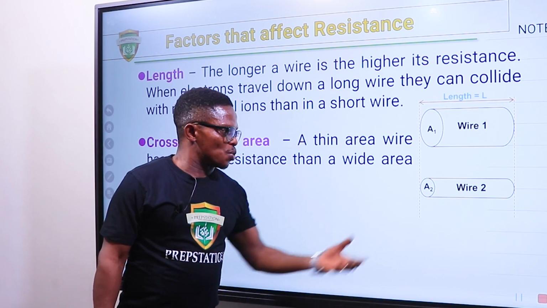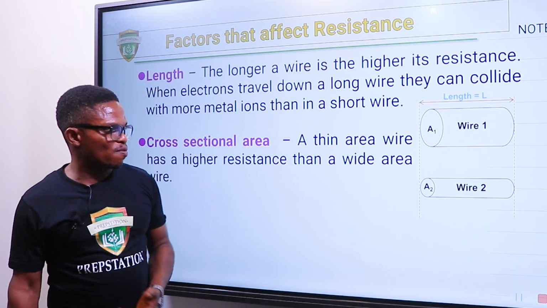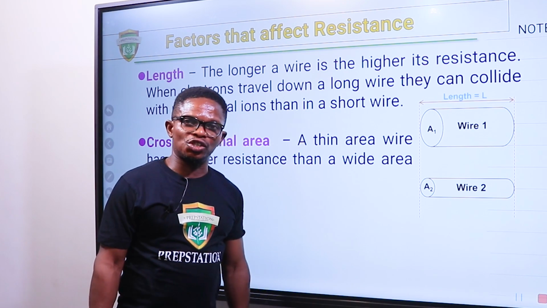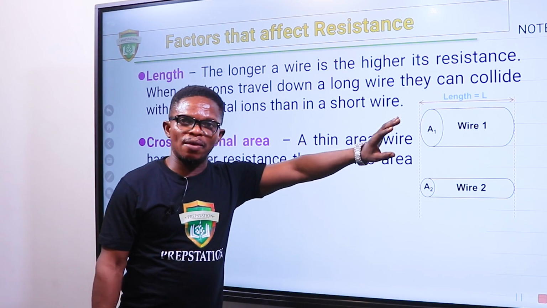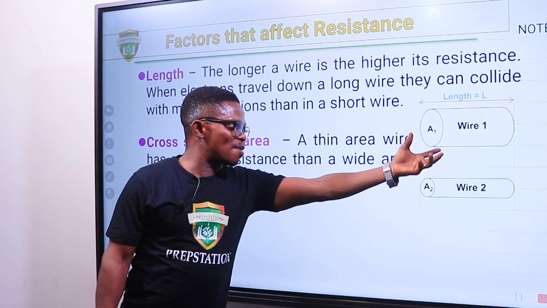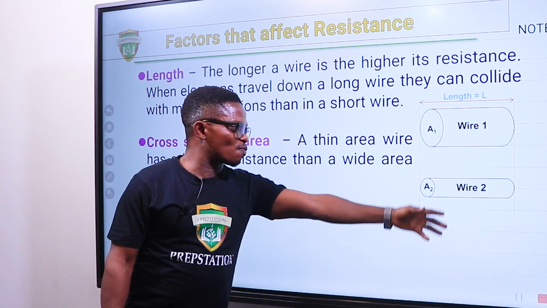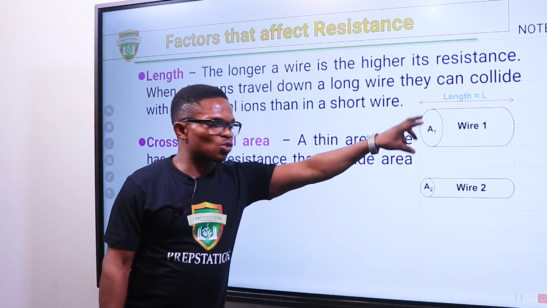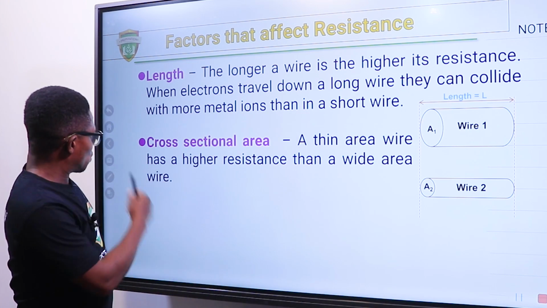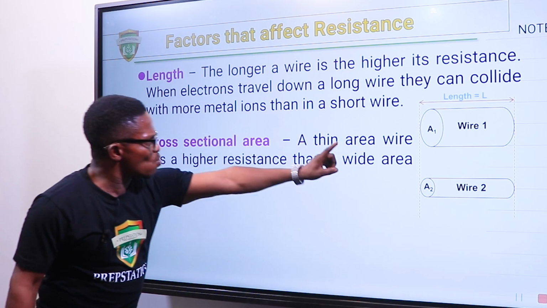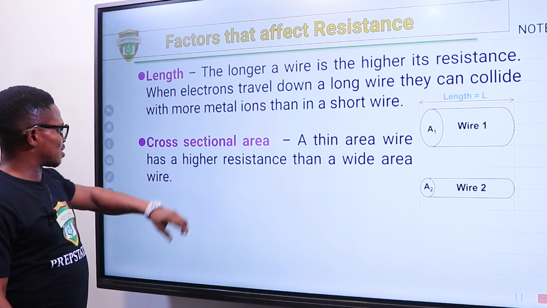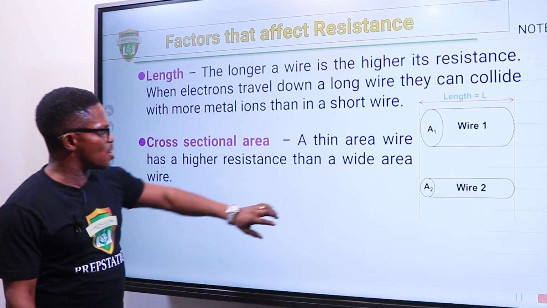For example, you cannot use 1 mm or 2.5 mm wire for connection of an air conditioner. Use something from 4 mm, because the amount of current consumed by the device also depends on the wire used. So a thin wire has a higher resistance than a wide wire.